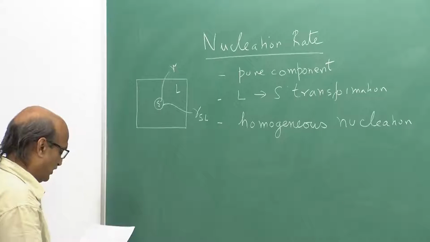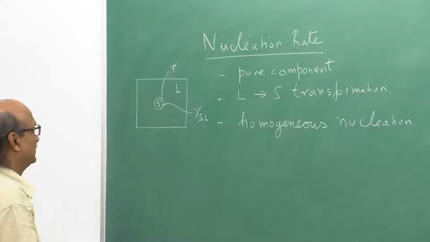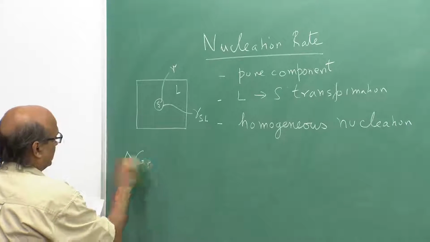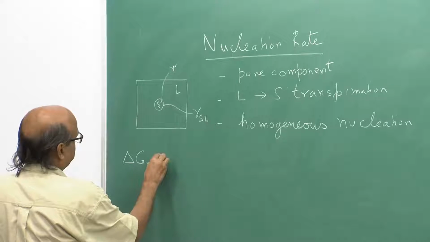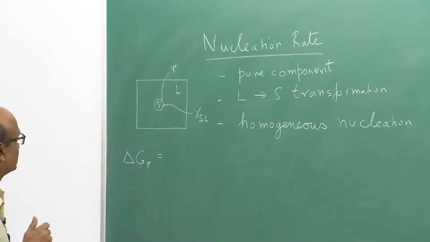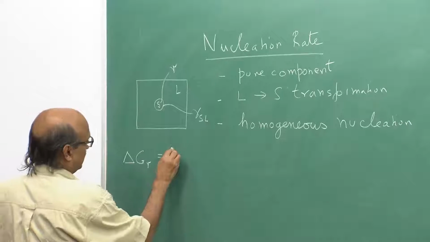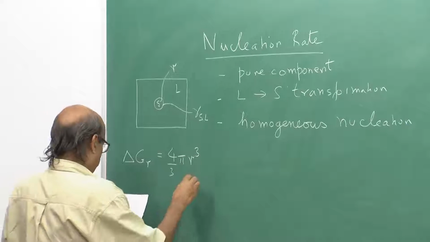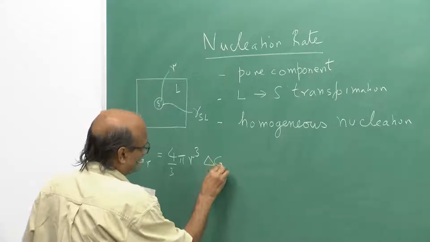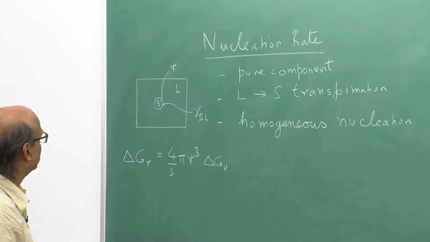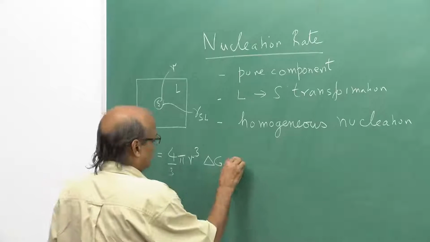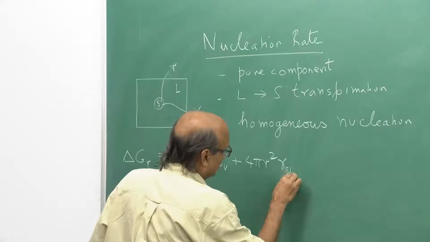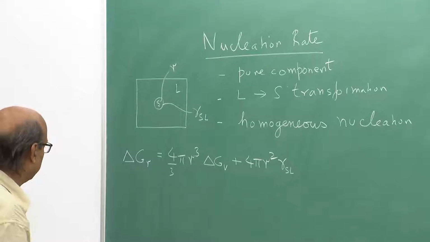Just to write down a couple of equations for reference: the free energy change when a solid of radius r nucleates within the liquid is given by the volume of the nucleus, 4 by 3 pi r cube, multiplied by the change in the free energy of the bulk per unit volume, delta GV, plus the surface area of the nucleus, 4 pi r square, multiplied by the solid liquid interface energy gamma SL.